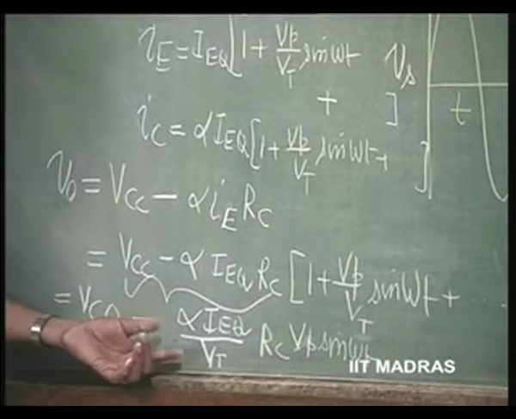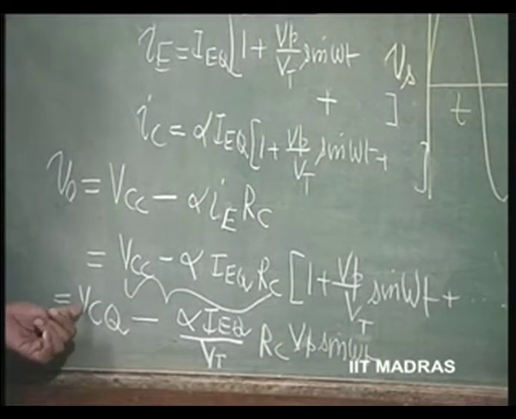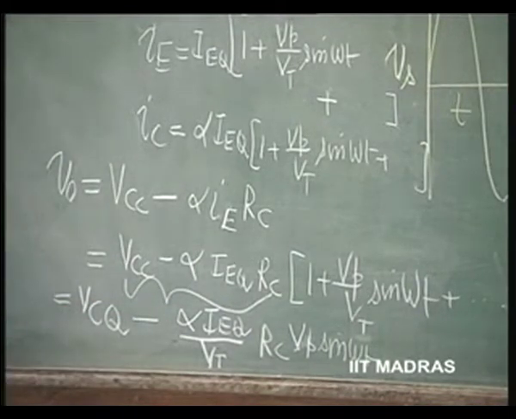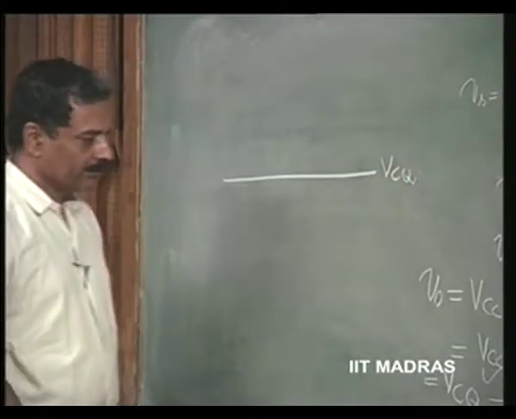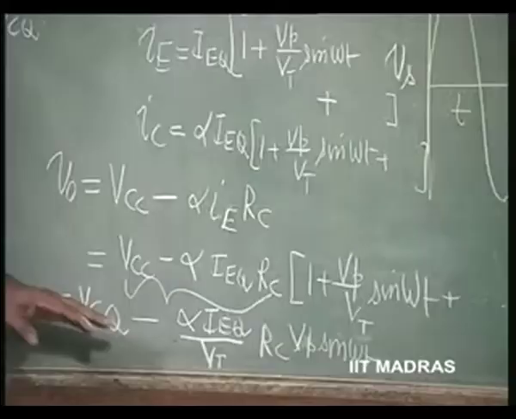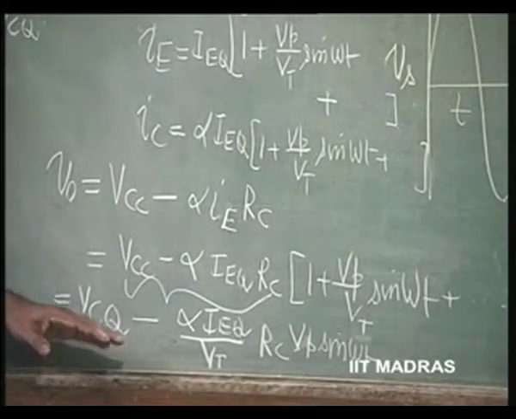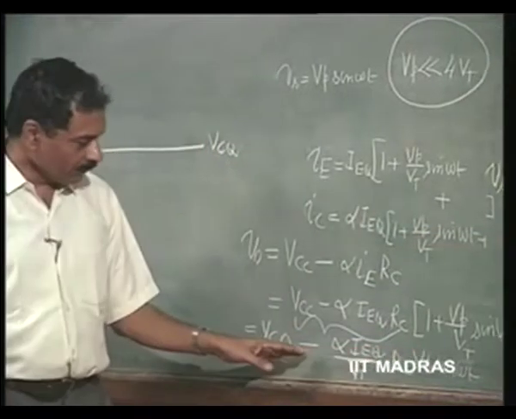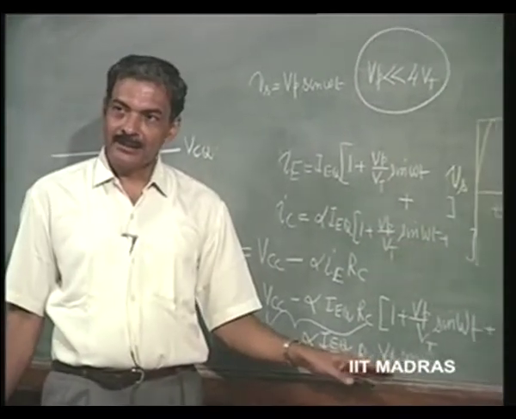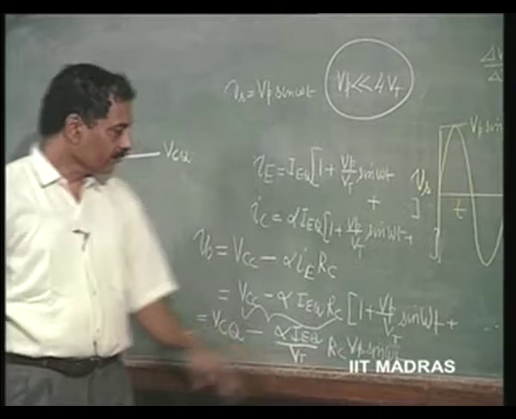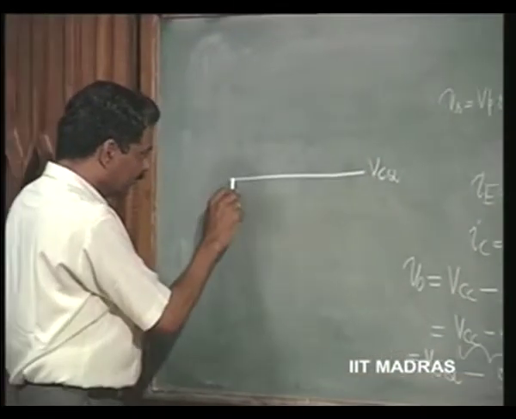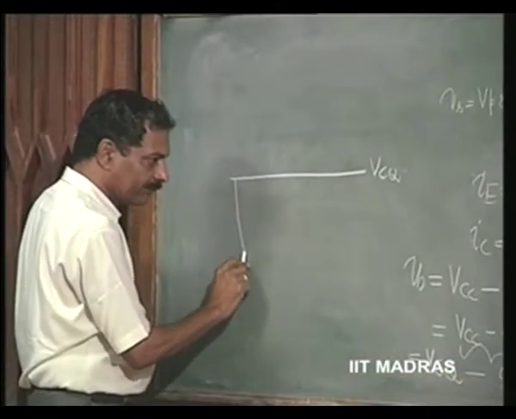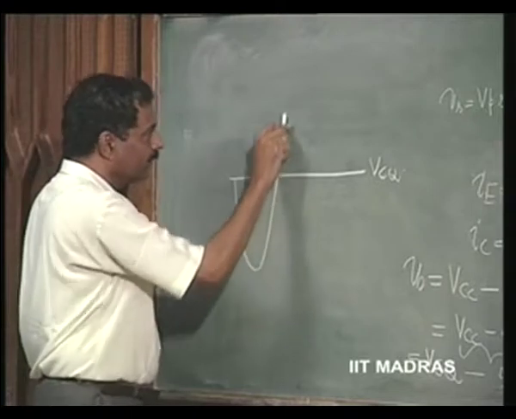So, notice this, it is VCQ. Let us pictorially indicate: if the input is increasing like this, Vp sin omega t, the output will decrease. So, the minus means this voltage is decreasing, and it will increase like this.